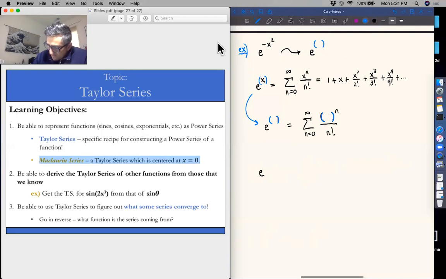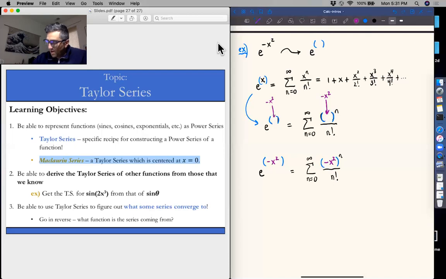So for example, we have e raised to the minus x squared. So inside of those blue parentheses, we are really just putting minus x squareds. Right, so putting those minus x squareds in that blue parenthesis, that actually gives us the Maclaurin series.